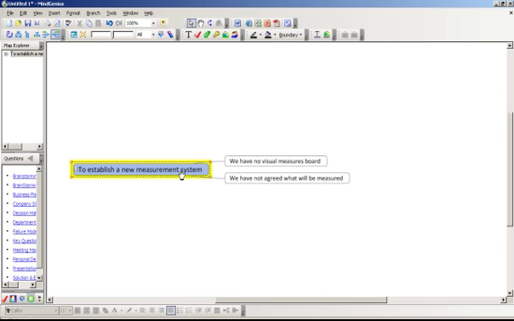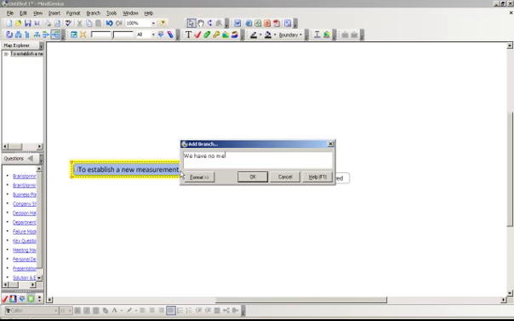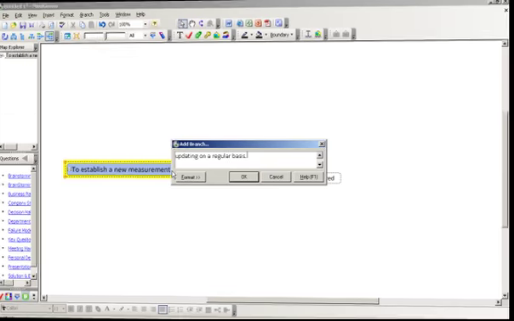Another one: we have no method of gathering the data and updating it on a regular basis.